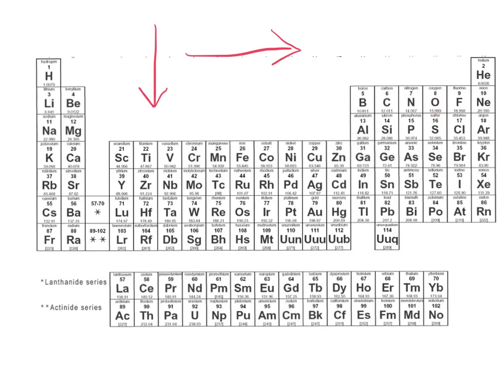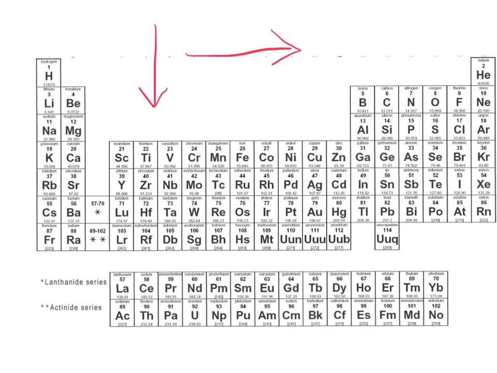So the other things, we need to learn what the columns represent. A column is vertical, and these are called groups or families. And what makes that unique is that the elements that are in the same family have similar chemical traits, just like a regular family might have similar traits.